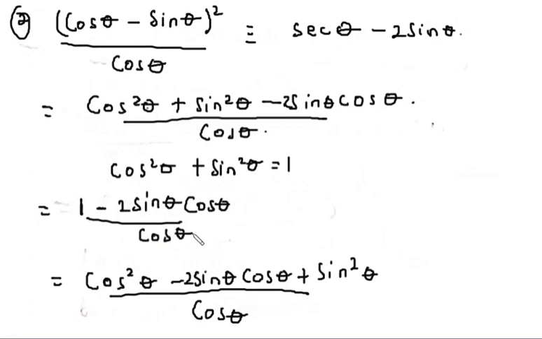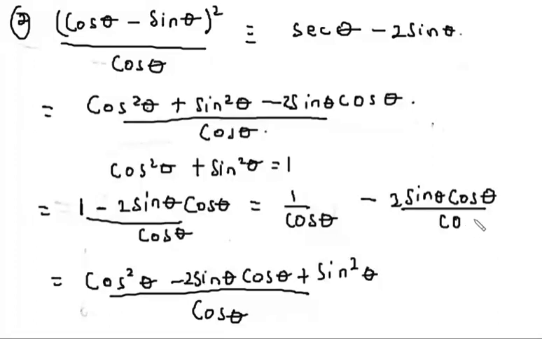We can pick the individual numerator terms and divide them by the denominator. This would look like 1 over cos theta minus 2 sine theta cos theta divided by cos theta.